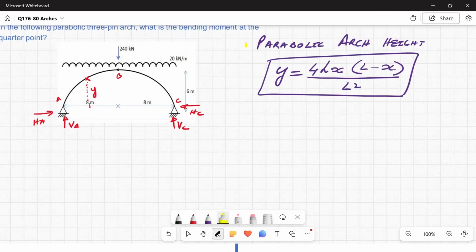This is the formula where L is the length and x is the distance. In our case, x will be equal to 4 because we want it at quarter span, and h is the 6 meters and L is total span, which is 16 meters.